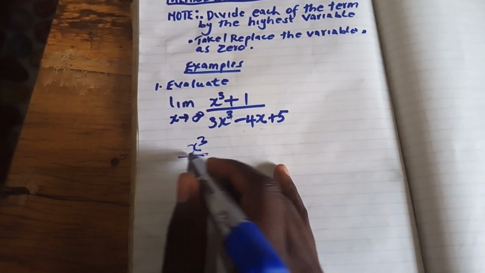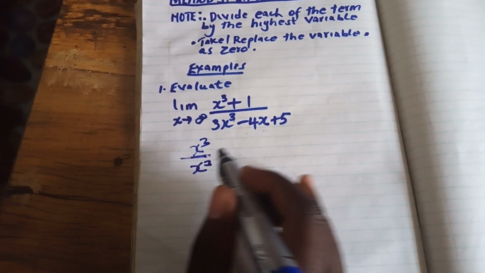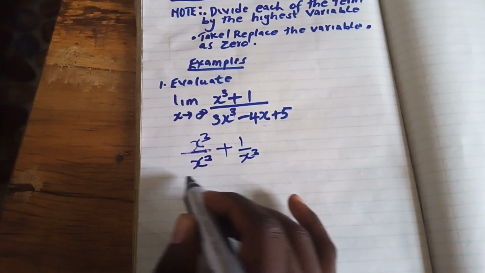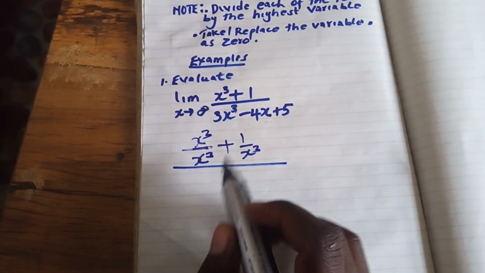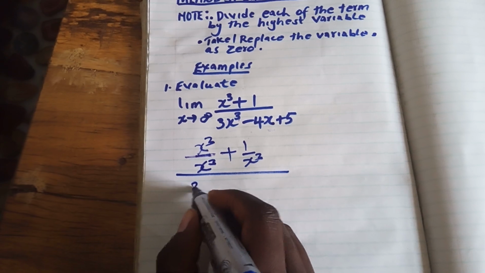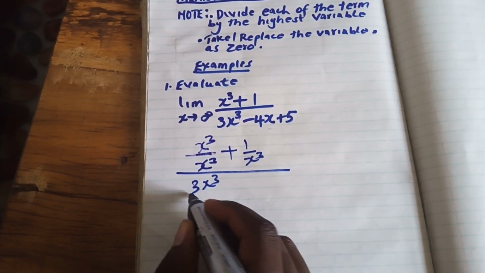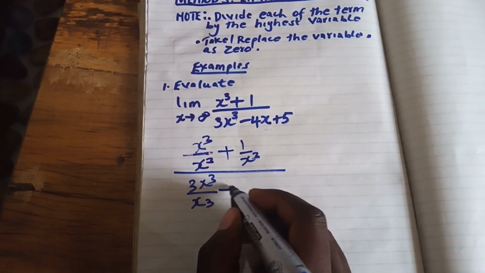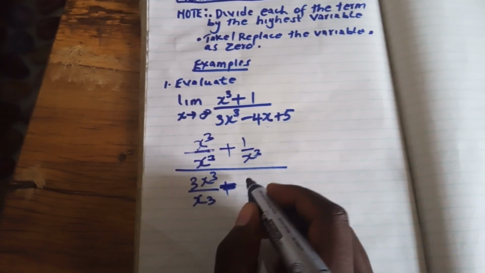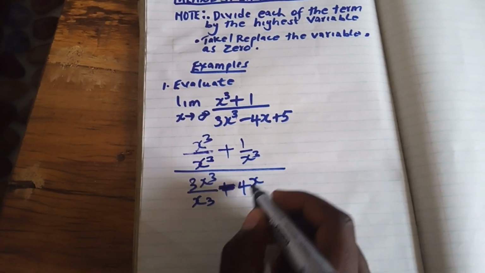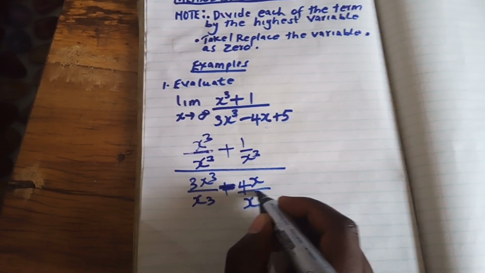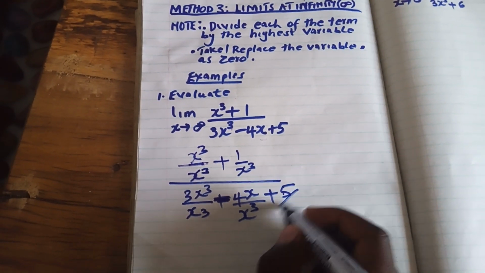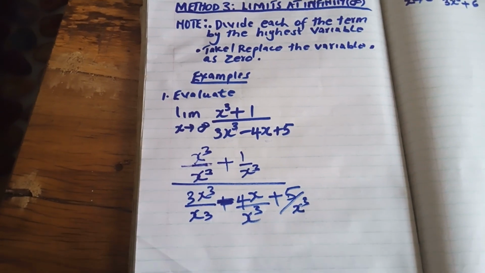Dividing by x cubed: x cubed plus 1 out of x cubed, all over 3x cubed out of x cubed, minus 4x out of x cubed, plus 5 out of x cubed.